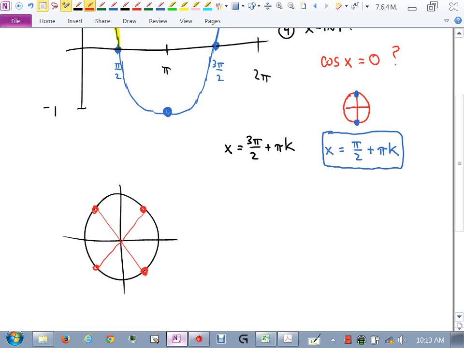I could go pi over 2 to get to this one, then another pi over 2 to get to this one, then another pi over 2. Do y'all see that? Another pi over 2. So what is this angle, the way it looks at least? Let's say pi over 4, and I add to it pi over 2 k, I get all those answers. We'll have more time for this, don't worry.